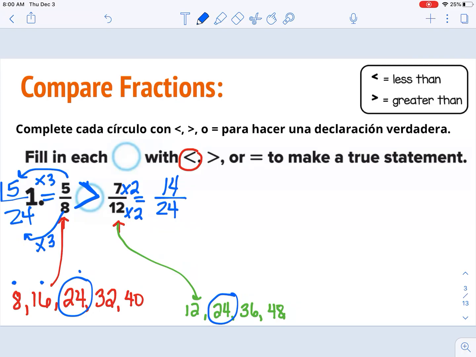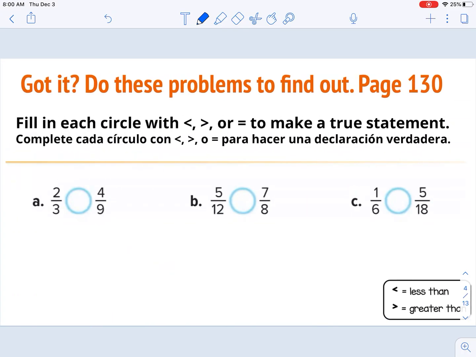Let's look at some more examples. These are Got It problems in your book on page 130. So if you want to try along with me, I highly encourage you to do that. Pause the video if you ever need to. All right, so in example A, we have 2/3 and we have 4/9.